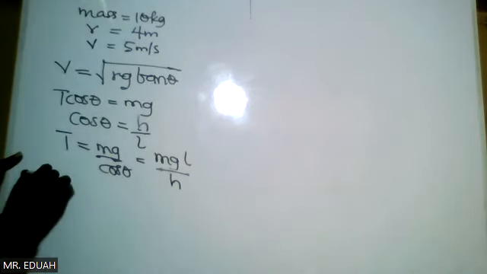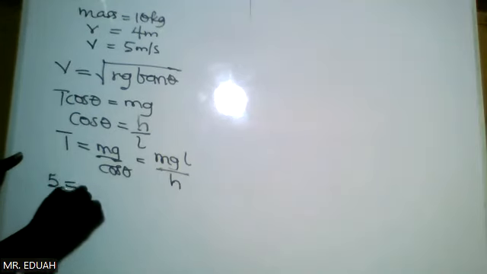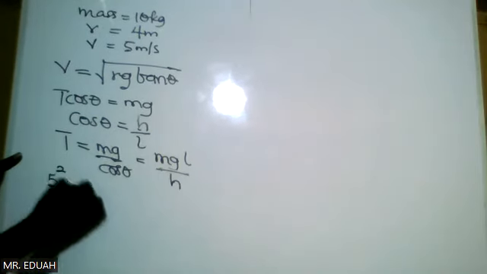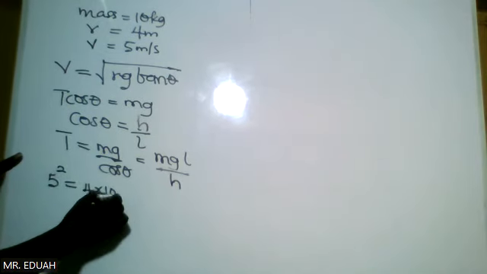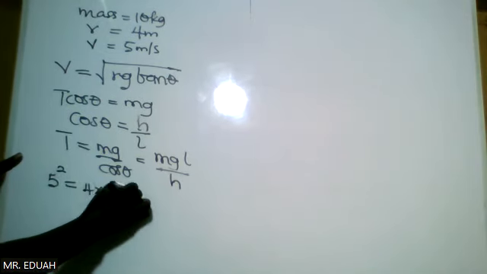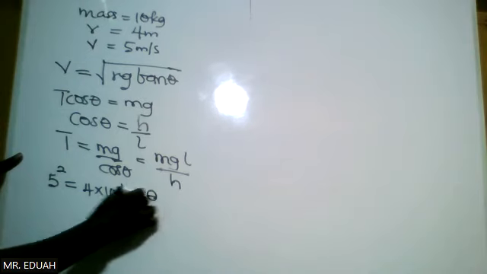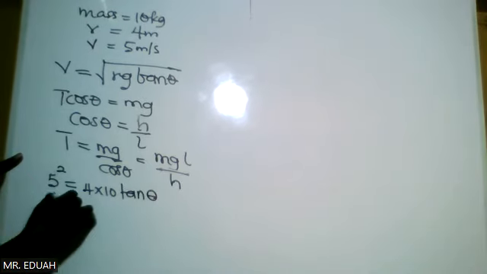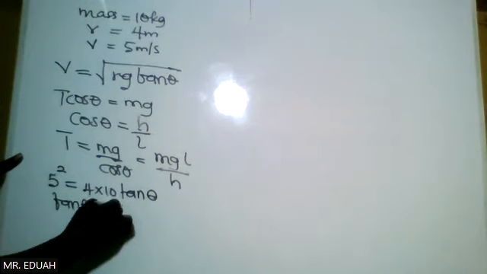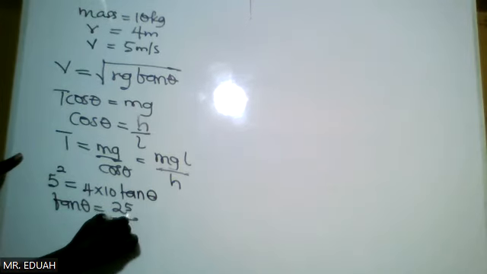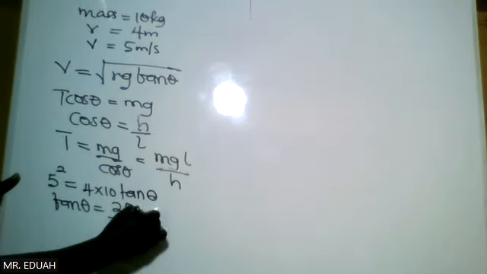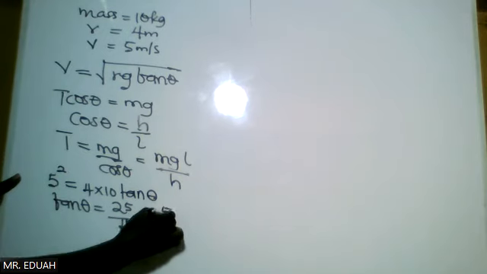V is 5, so 5 squared is equal to 4 by 10 times tangent of the angle. Tan theta is equal to 25 on 40, which is 5 on 8.